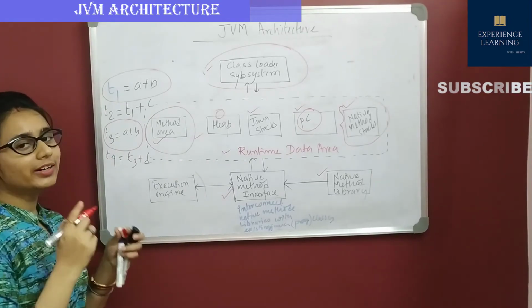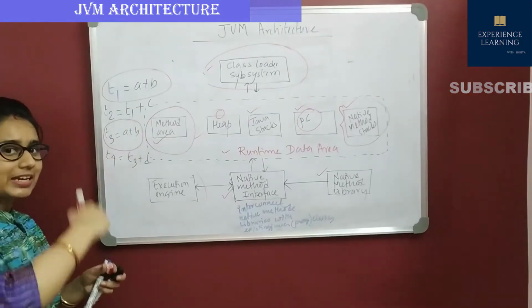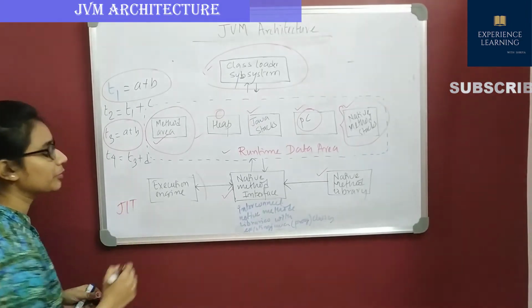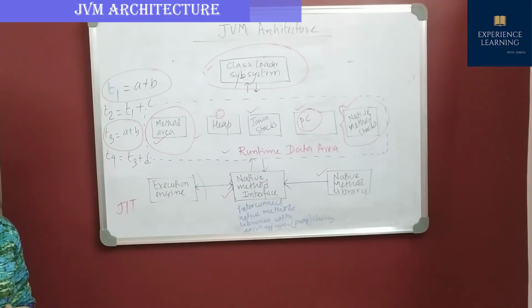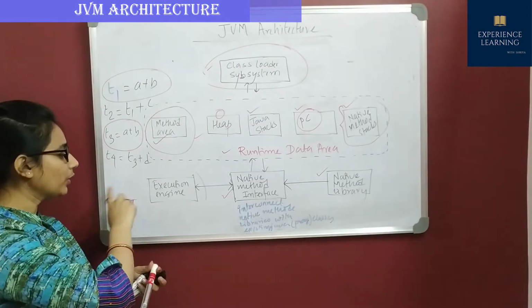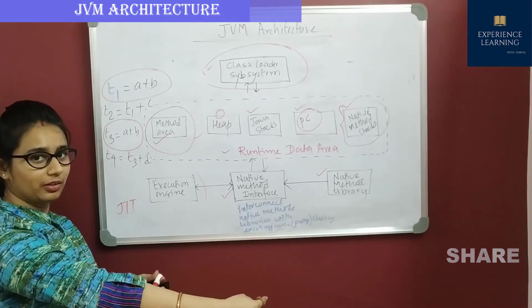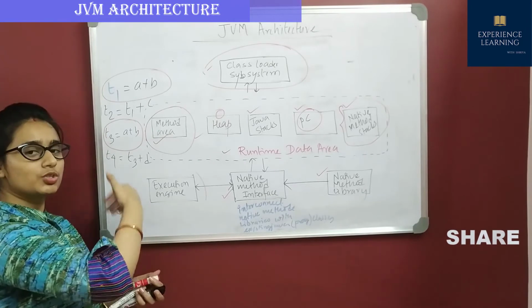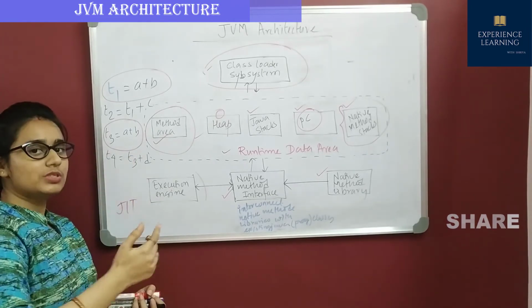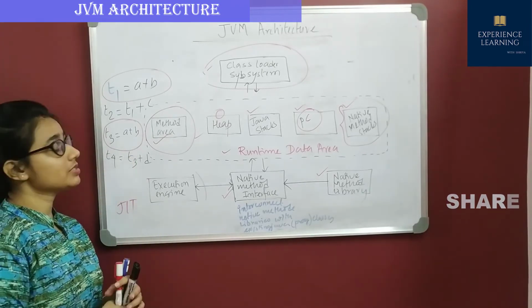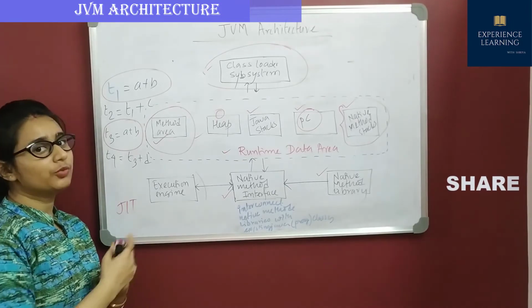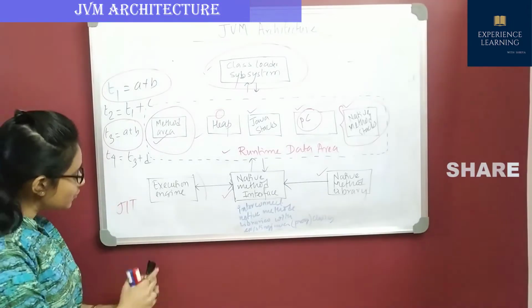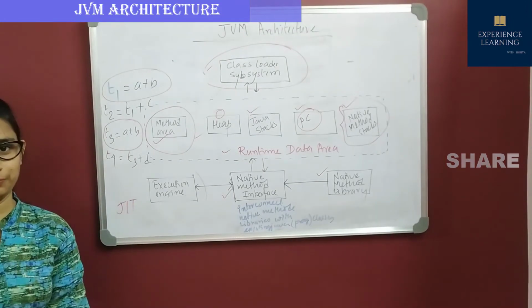When it is already done, it will go to the JIT, the just-in-time compiler. It will not go to the interpreter again, because it is already done. So the extra time which is needed to interpret it will be reduced here. That's why this is known as just-in-time.